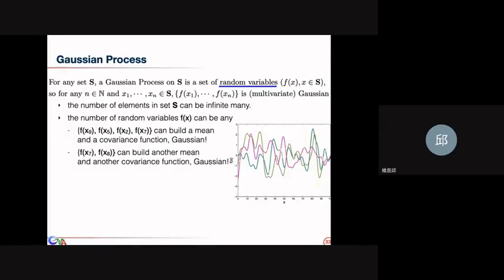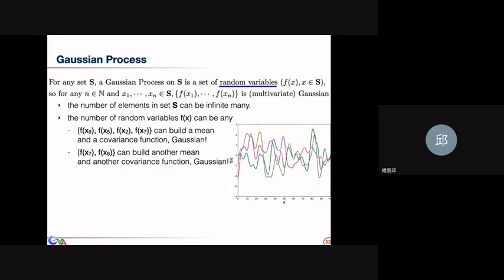And what does that mean? Okay, so here I'll just give you two examples. For example, now I can take x9, x5, x2, x7 from my data set S, and then I use f of x9, f of x5, f of x2, and f of x7 to build up a small group.